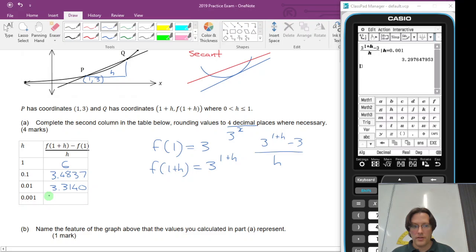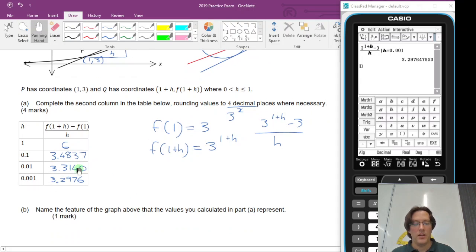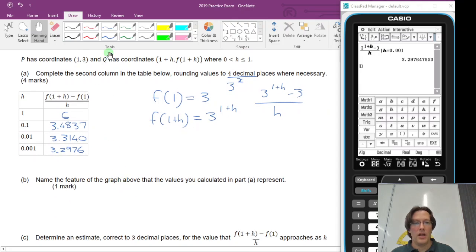We've got 3.2976. And there we go. Now, what feature of the graph above do the values I calculated represent? It represents the gradient of the secant as h changes.